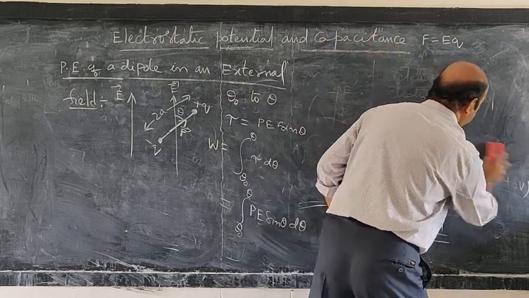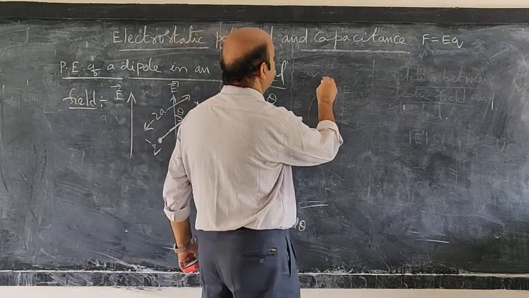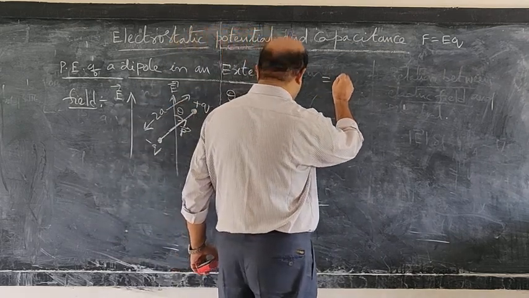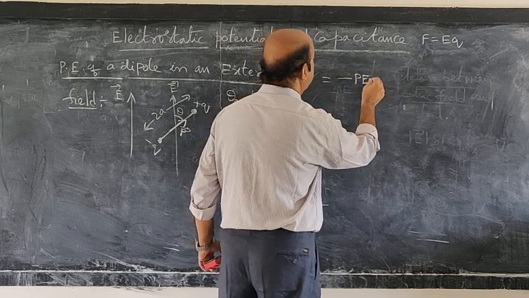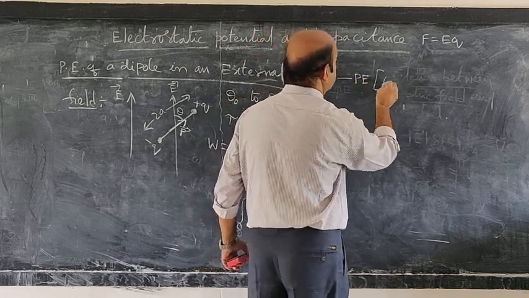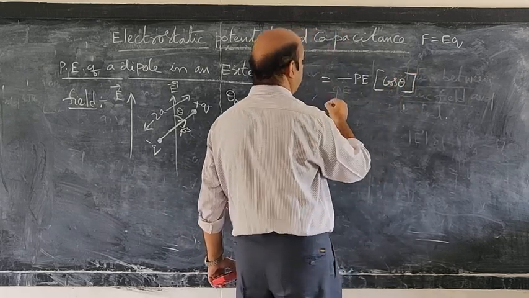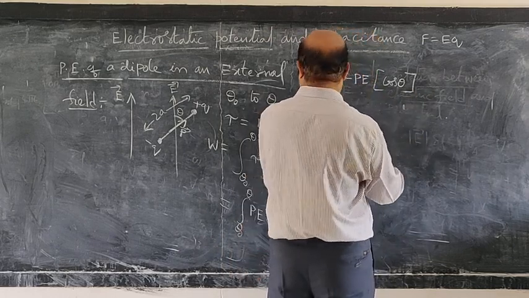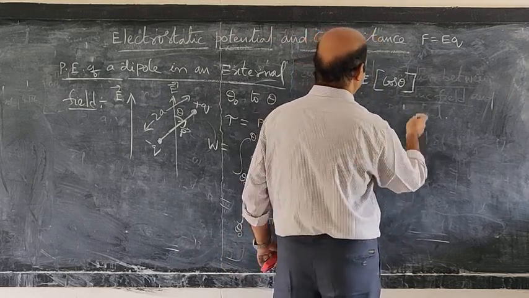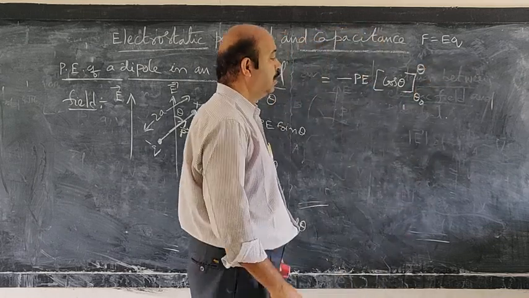So you can write this as minus PE cos theta between the limits theta naught and theta.